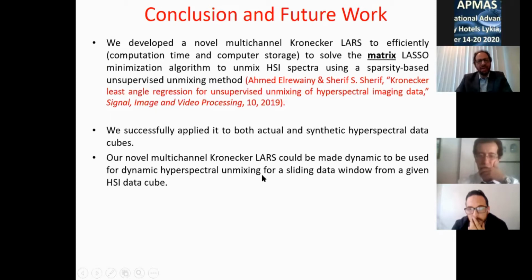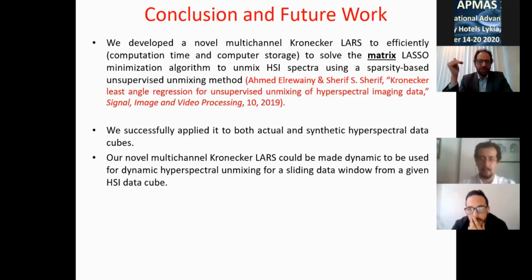As future work, and we are working on this right now, we're trying to extend this method to be dynamic, because it's very typical for hyperspectral imaging to not be taken as one wide field after another. It's usually done through scanning, whether because of the satellite or the plane or whatever you're using.